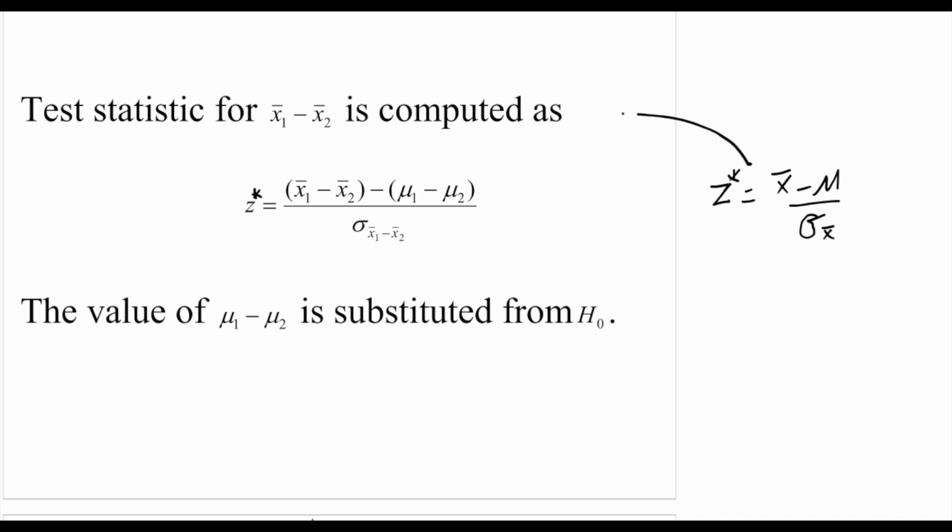There is not much difference between these two formulas except that your x bar is now x bar 1 minus x bar 2, or the difference of the two sample means, and your mu is now mu 1 minus mu 2, and sigma x bar is sigma x bar 1 minus x bar 2. So this is just an extension of the previous formula. So the value of mu 1 minus mu 2 is substituted from the null hypothesis.